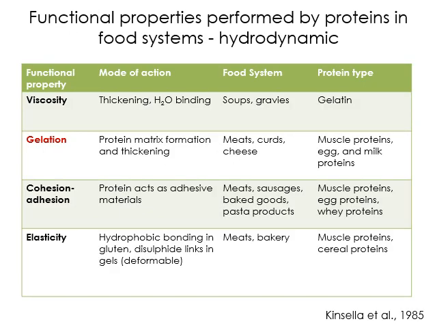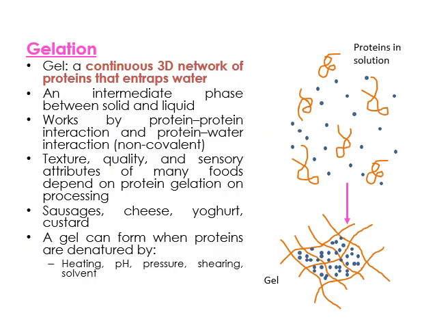Okay, so for hydrodynamic properties, how protein is held in, the gelation of protein is through protein matrix formation and thickening. This is common for meat and curd as well as cheese. I'm not going to cover the others, focusing more on the jelly. So we talk about gelation.